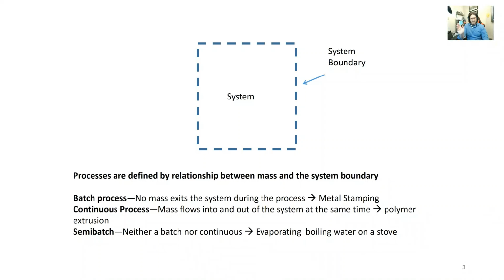Think about the different types of processes in the place you work. It helps to put things in the context of mass going in, mass going out. We will have some semiconductor processing problems later in this class, as well as metals refining process problems, that deal in these contexts. So in a continuous process, a batch process, and so on.